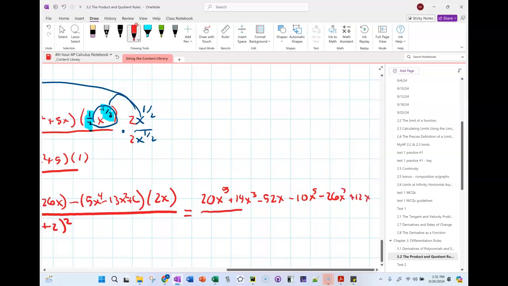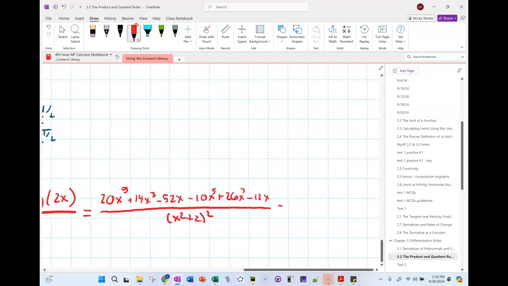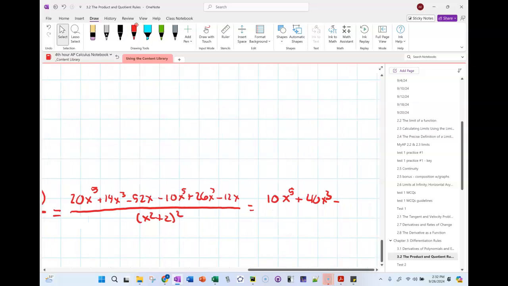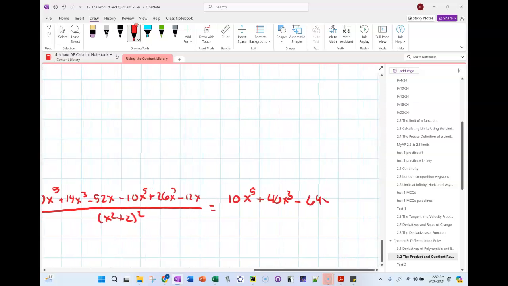You guys are all checking my work on these, right? You're letting me down because I forgot to distribute the negative right there, but that's okay. I caught it. All right. So then we should have 10x to the fifth plus 40x cubed minus 64x all over this guy. And that's probably as good as we can do.